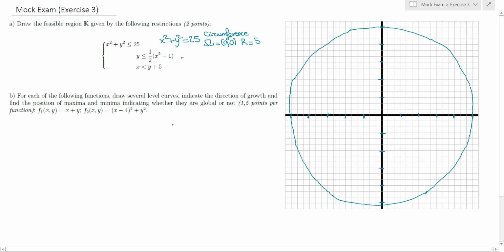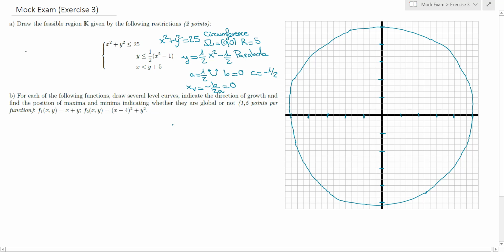The second one is y equals 1/2 x squared minus 1/2, which is clearly a parabola, where a is equal to 1/2, so the parabola opens upward. It has a minimum. b is equal to 0 and c is equal to minus 1/2. The x coordinate of the vertex is minus b divided by 2a, which is 0.